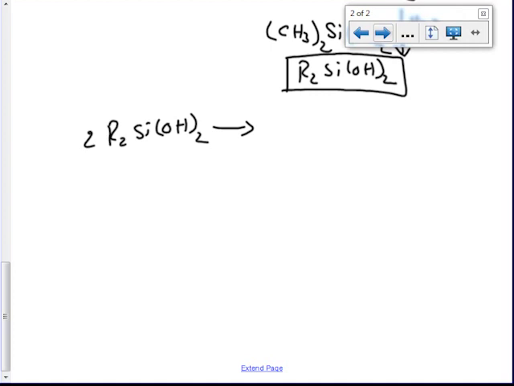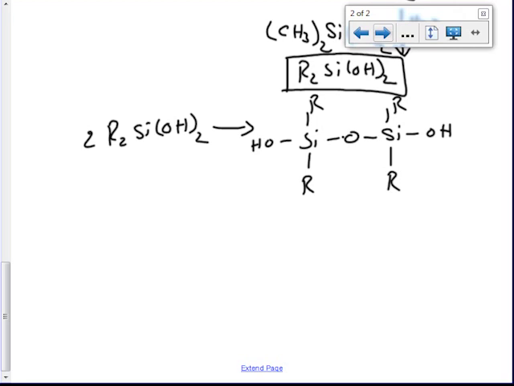See, it becomes like this: Si, O, Si with R, R and R, here OH and here OH. From one molecule you write OH, from another molecule you write OH, remove the water, and we get the compound like this.